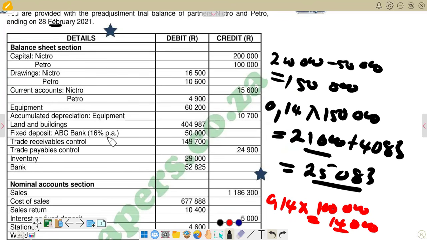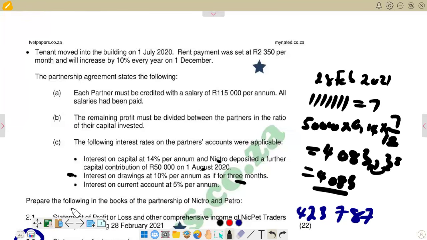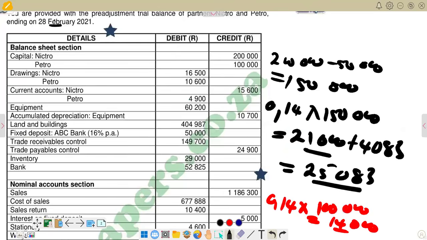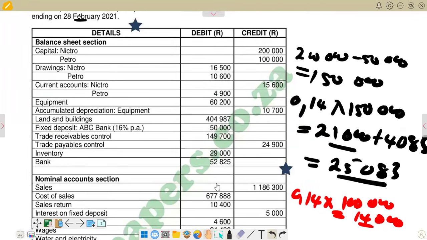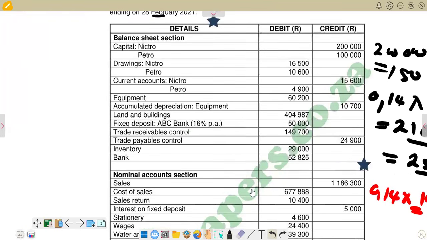So we've got 16,500 for Nitro and for Petro 10,600. That's the total drawings that we have. And we are told that the interest on drawings is 10%. So for the drawings, let's start with Nitro.